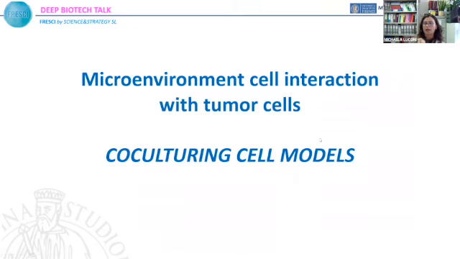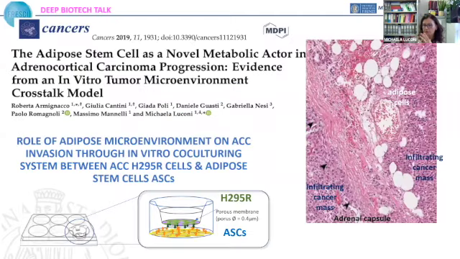Another important in vitro system for investigating, in particular, the tumor microenvironment is in vitro cell culture. But another important model is to look at the ability of the cells to interact with other components of the microenvironment.